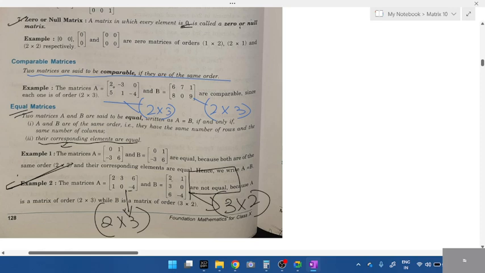Look, we have 2 minus 3 0. Here it is 6 7 1. It doesn't matter. 5 1 minus 4 8 0 9. So we call it a comparable matrix.